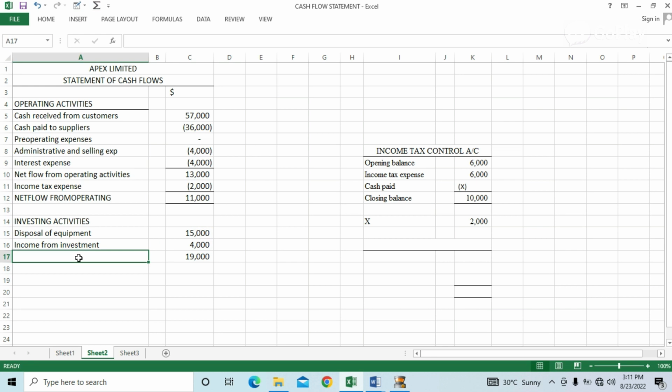So they disposed of an asset for 15,000. Then they received investment income as well. So the net flow from investing activities is 19,000. So I'll just underline it carefully. We are almost done with the direct method.